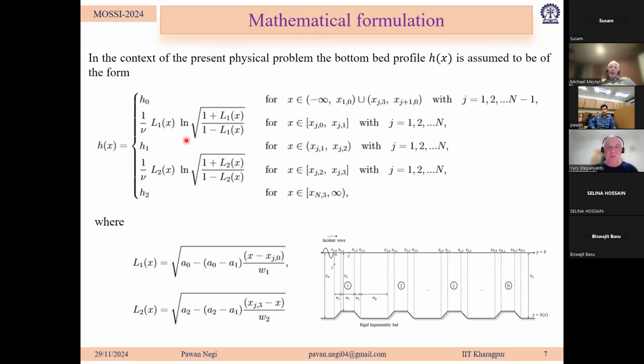A hump just means going up. It's not a particular shape. For such particular shapes we can construct an exact solution. It's a bit of a colloquial term, a hump, but it is used in the literature.